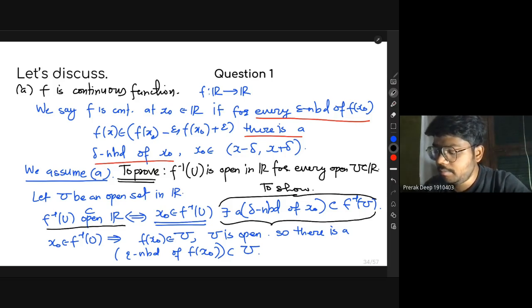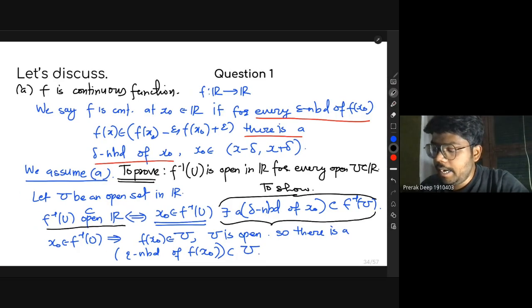Since x naught belongs to f inverse of u, f of x naught belongs to u, and u is an open set. So there must be some epsilon neighborhood of f(x naught) contained inside u.